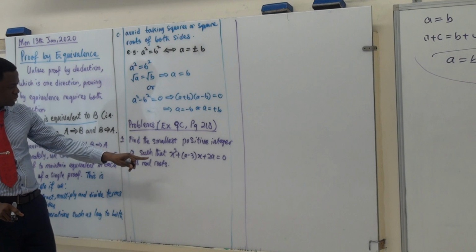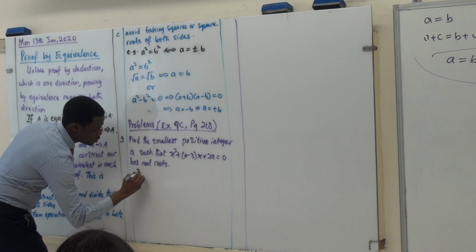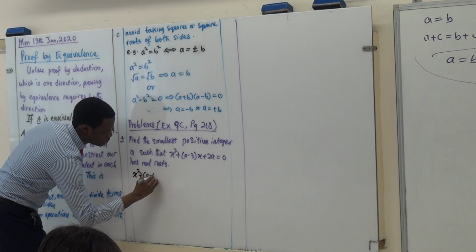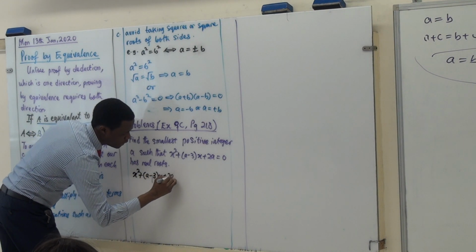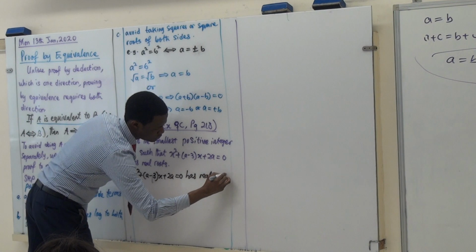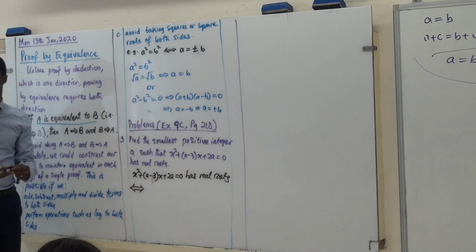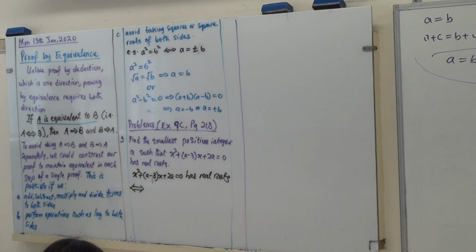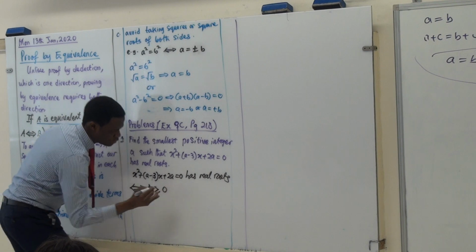So this equation, x squared plus (a minus 3)x plus 2a equals 0, has real roots if and only if, can you see how the equivalence came about now? If and only if the discriminant is greater than or equal to 0.